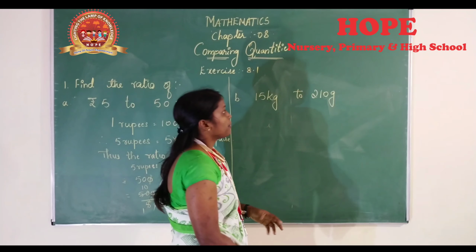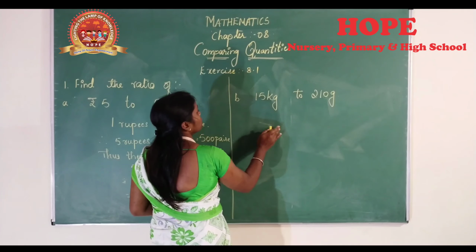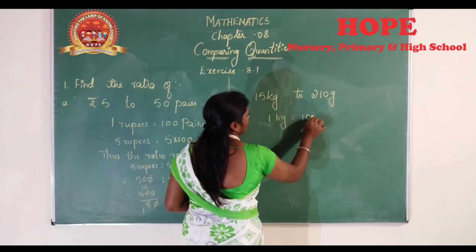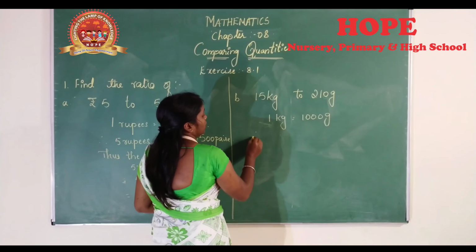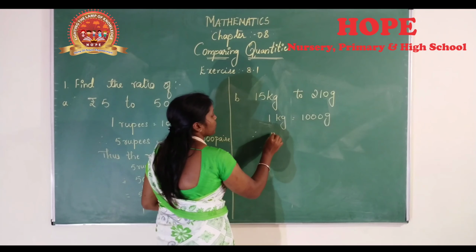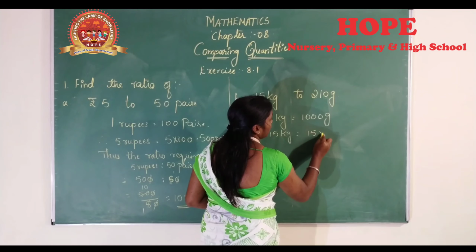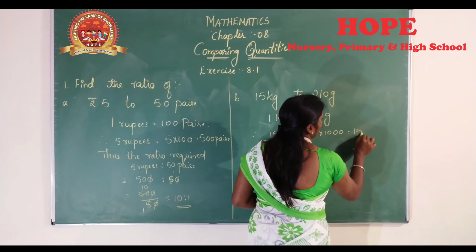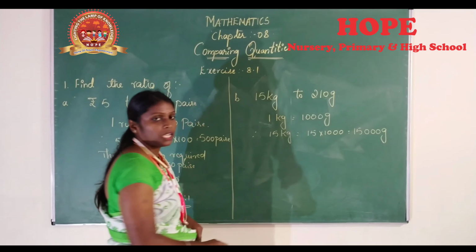There is one more example where we find ratios in weight, kgs and all. As we know, 1 kg is equal to 1000 grams. Here we are converting 15 kg to grams. 15 kg is equal to 15 into 1000, which is 15,000 grams.